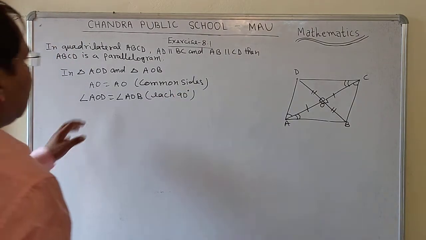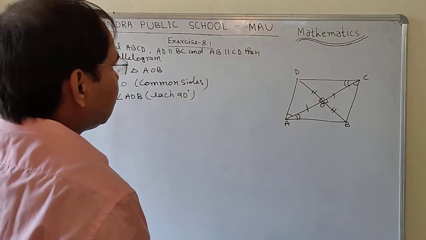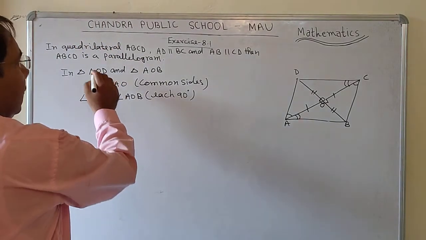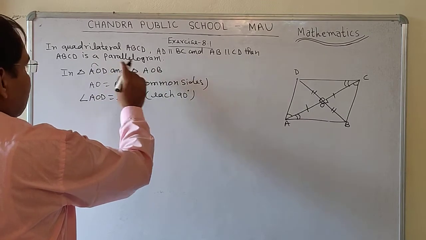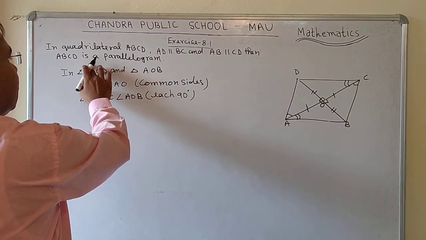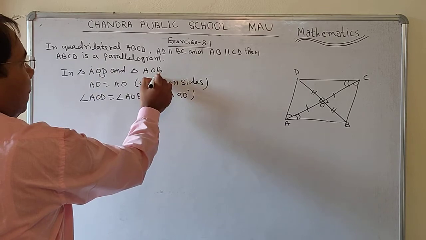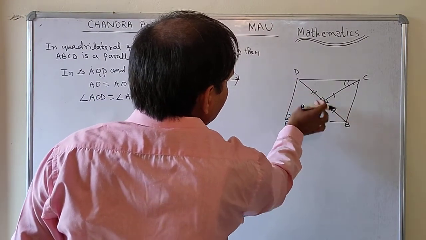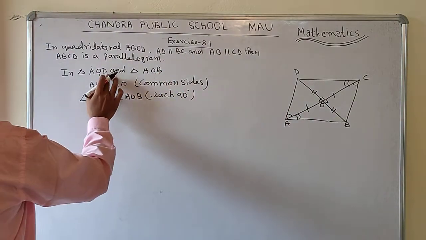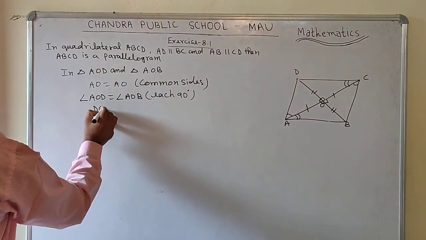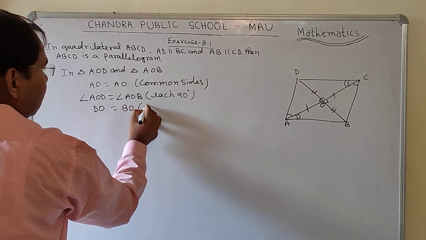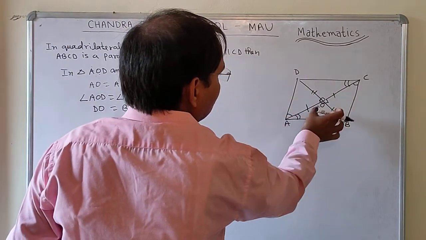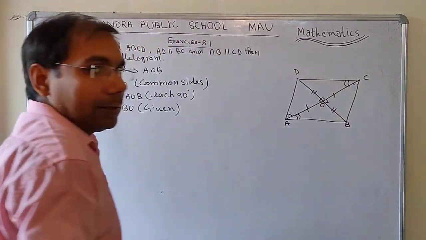So you got one side and one angle equal. Next, what things are equal here? Here you can find AO equal to AO, that I had taken. Next, DO equal to DO, that is given in the question. So in both the triangles, two sides and the included angle are equal.